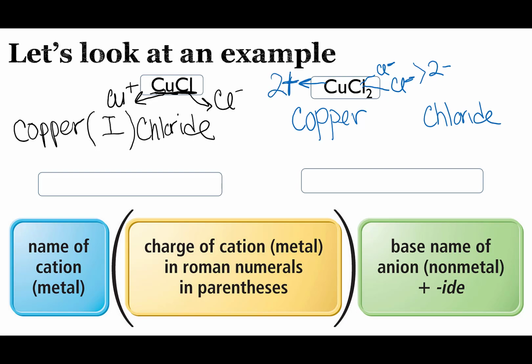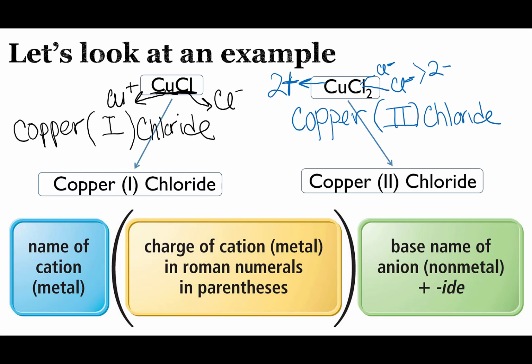Okay, so +2 from the copper, -2 from the chlorines. That's electrically neutral. So for this one, we would write Roman numeral 2 in parentheses, and we would read this copper 2 chloride. Okay, that's what we see here.